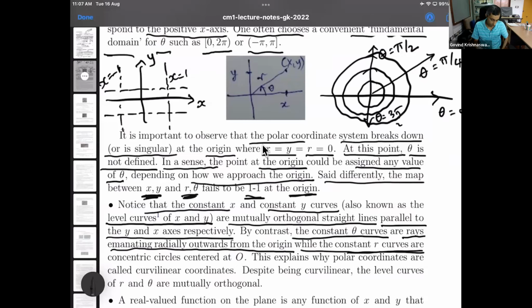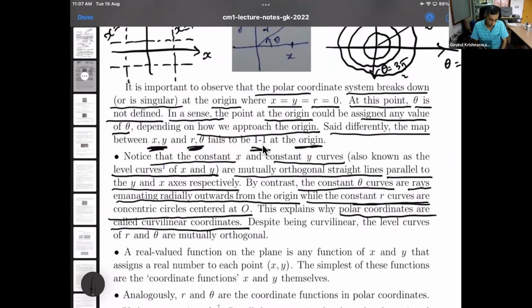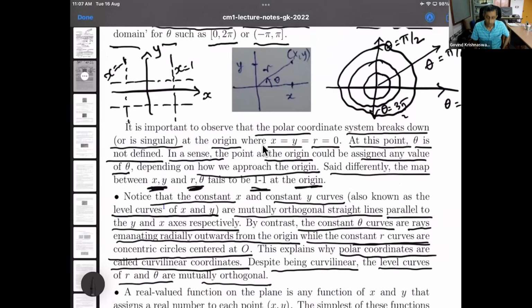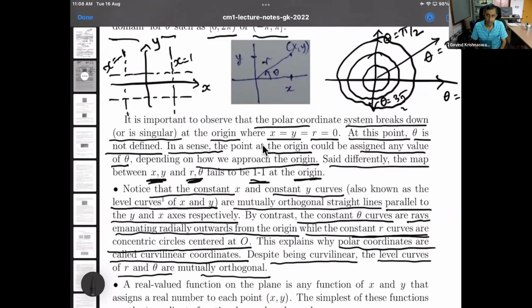So the constant r curves are concentric circles centered at O. For this reason, polar coordinates are called curvilinear coordinates because the level curves of theta and r are not straight lines, they are curves. Here they're circles. Nevertheless, despite being curvilinear, the level curves of r and theta are still mutually orthogonal. That feature is still valid, just like it was the case with x and y.